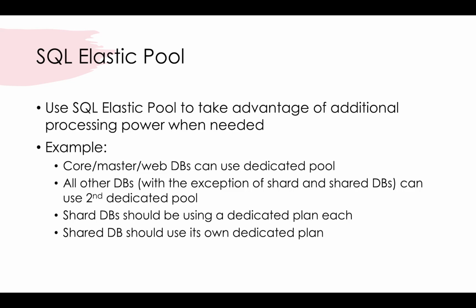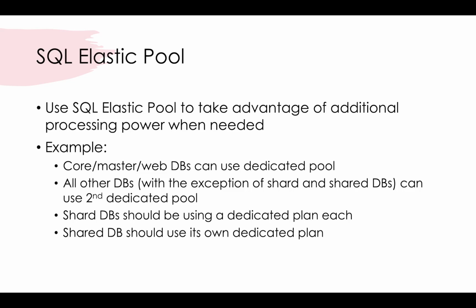So it's better just to group specific databases within an Elastic Pool, and then give them access to additional power as needed. One example could be that you group core, master, and web databases in its own dedicated SQL Elastic Pool, and then all other databases, with the exception of shard and shared databases, can use a second dedicated Elastic Pool.